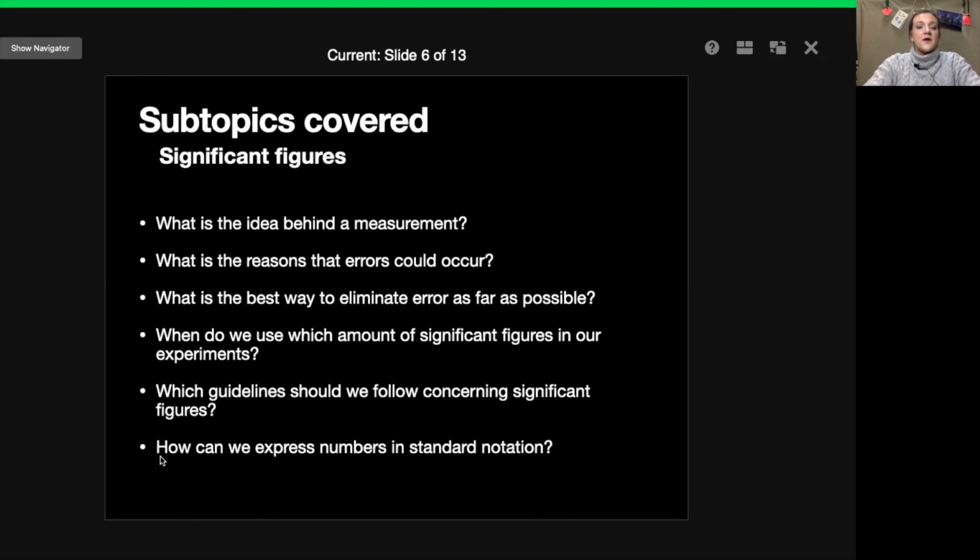Okay, next one. How can we express numbers in standard notation? So if we once again take these two examples that I just showed you, we have a 0 before the decimal, so that will be our number 1, right?